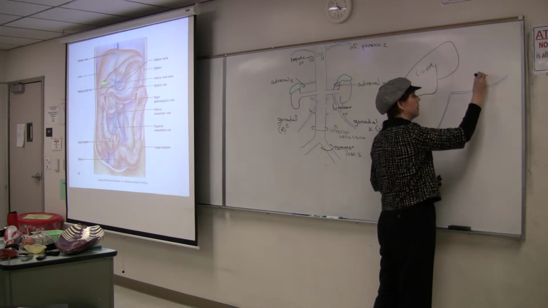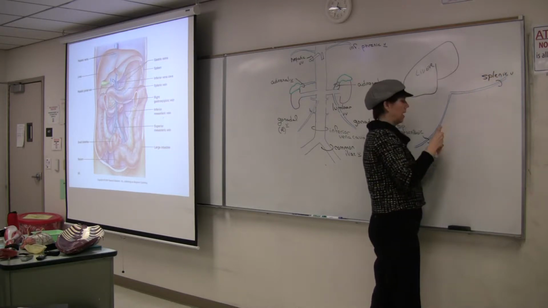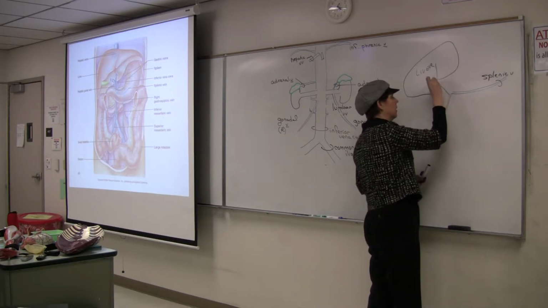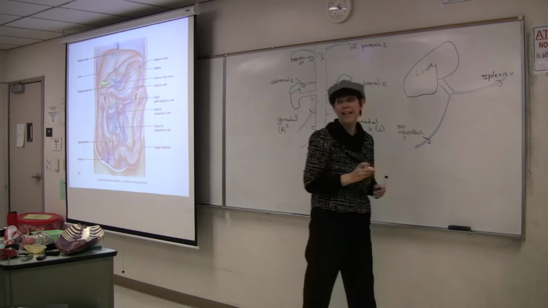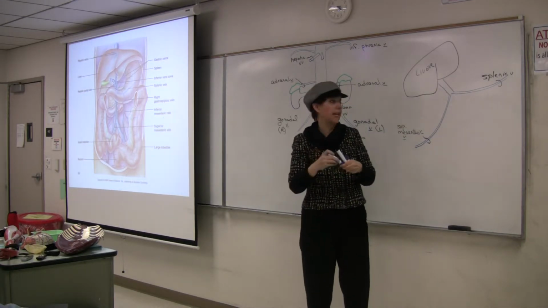Now I'm missing a few, so I'll still add them in. And these vessels form the portal vein. The hepatic artery is going to go into the liver right there along with the portal vein.